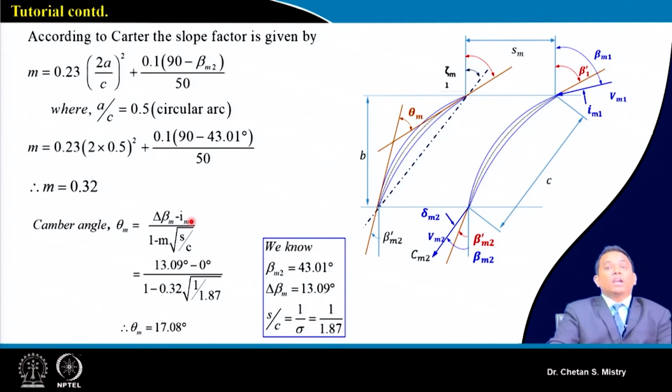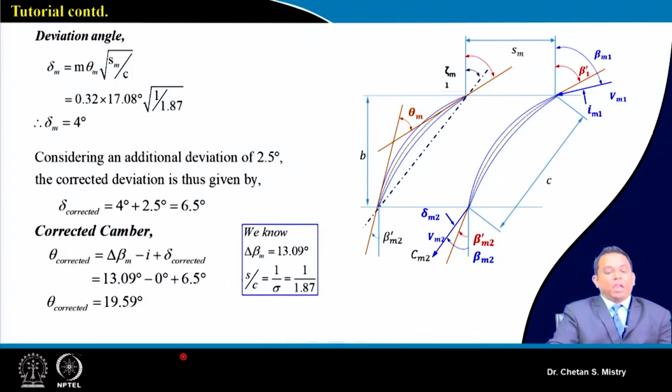We will assume the incidence angle at the hub to be positive 2, and at the tip to be negative 2. At the mid station, we are considering that to be 0, and that gives my camber angle to be 17.08 degrees. We can calculate the deviation angle based on Carter's correlation, and that comes to 4 degrees.